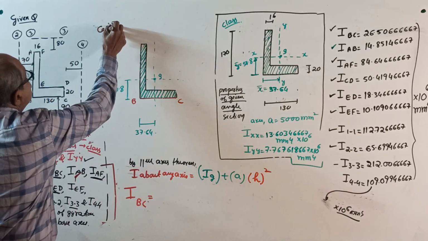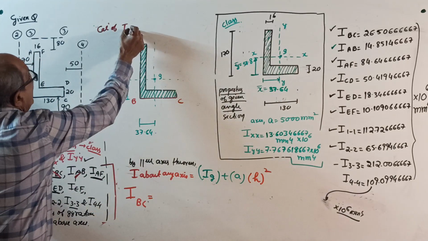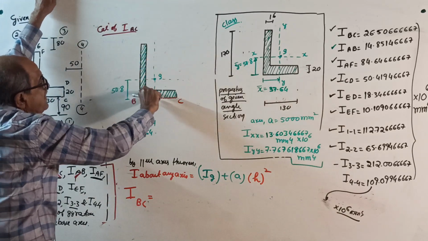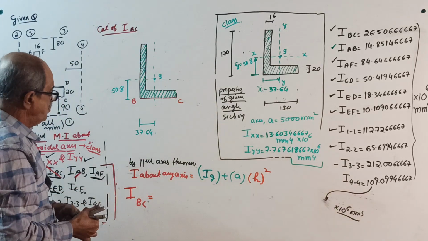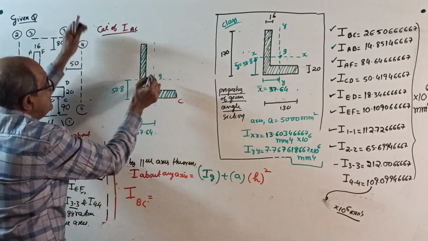Calculation of I about, once again, BC. I about BC. See what you can do. Full angle you write here, no dividing. BC is here. I about BC equals, first come to the centroid of the angle.